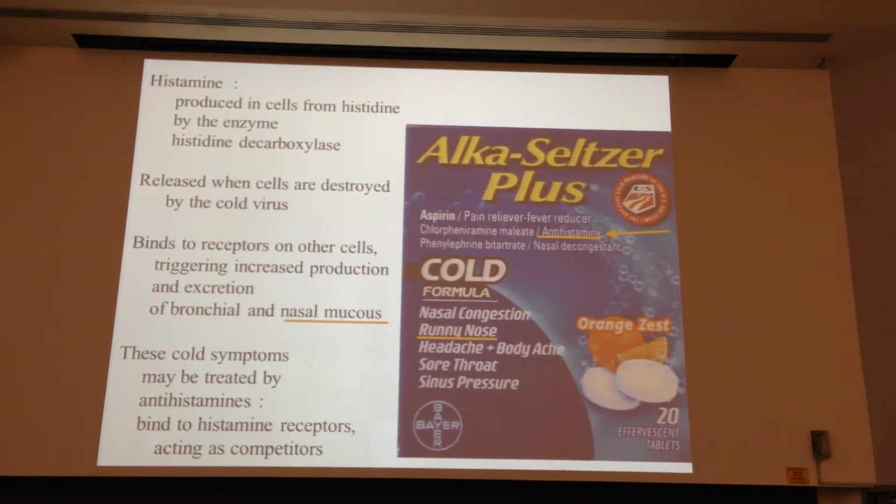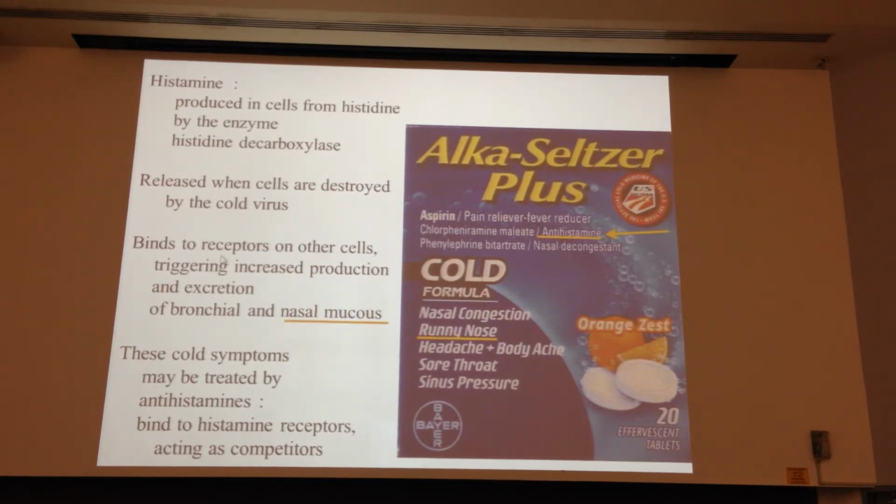And those are inside cells that line your nasal passages, your sinus. When a virus, like the cold virus, infects your nasal areas, it will destroy some of those cells, and that will release histamine to the fluid in your nose. So it's released when cells are destroyed by the virus.